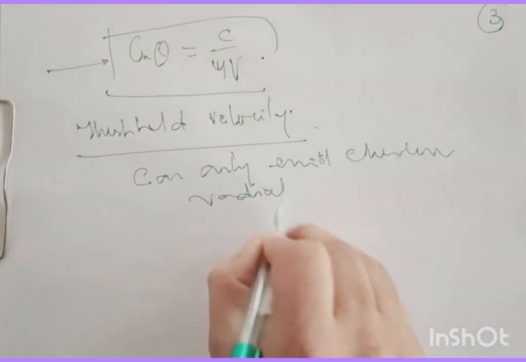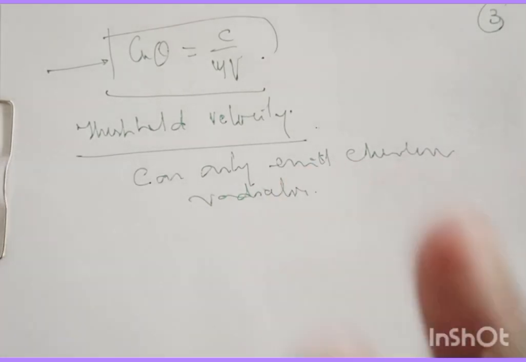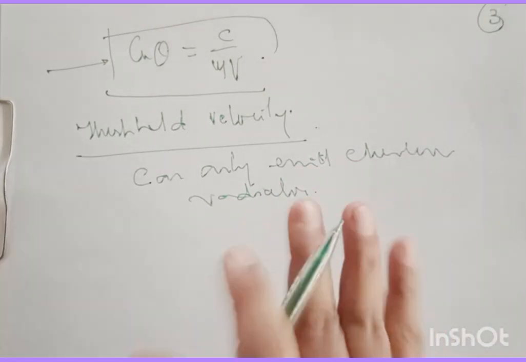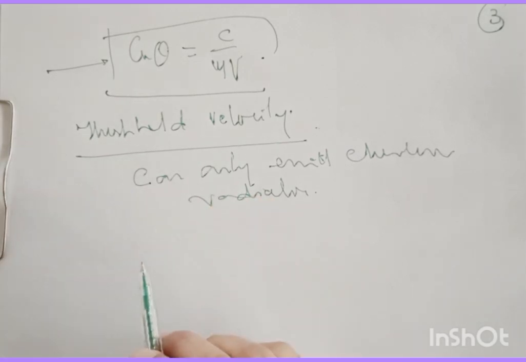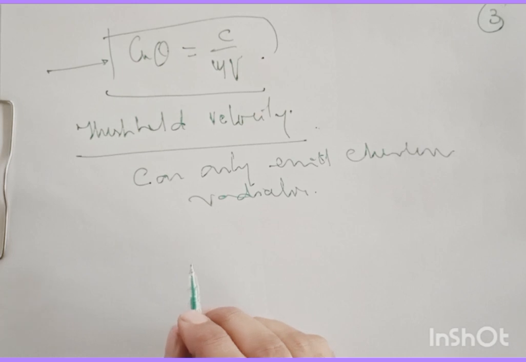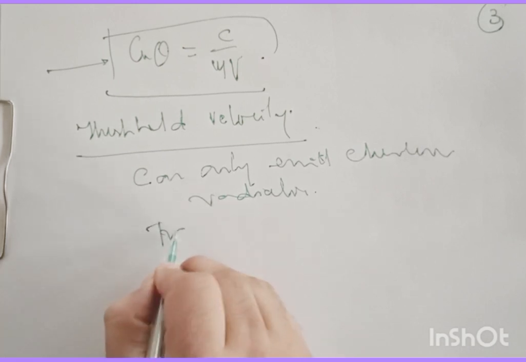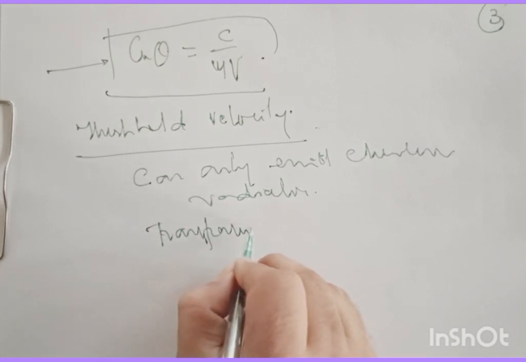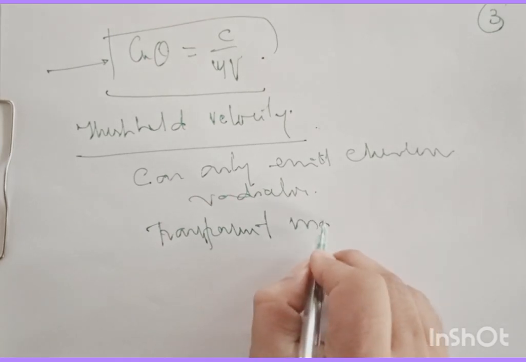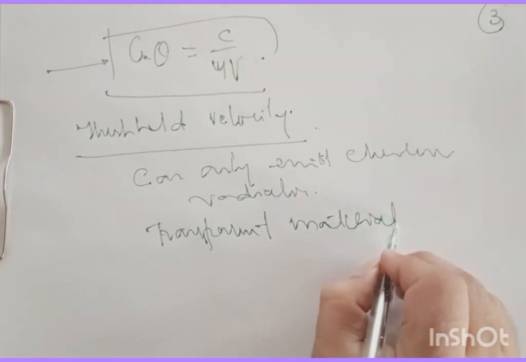This is an important point to be noted. All the particles whose velocities are less than the threshold velocity are not going to produce any Cherenkov radiations in that particular material that has been chosen. Hence, there is a need for proper choice of the transparent material.